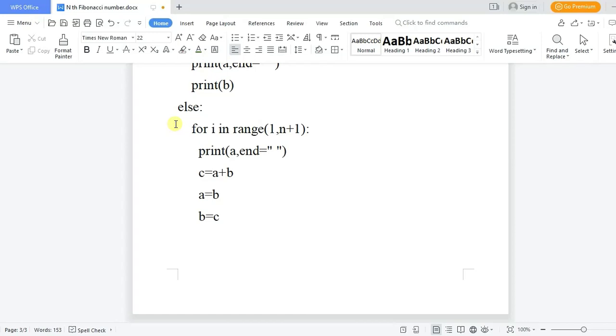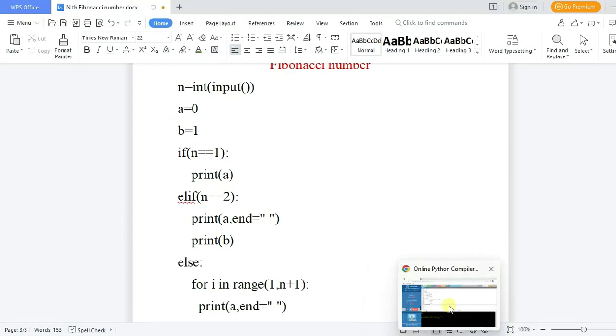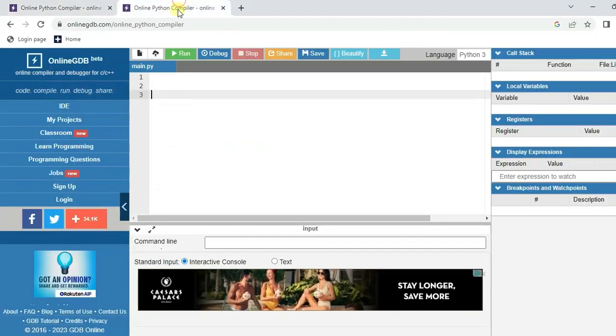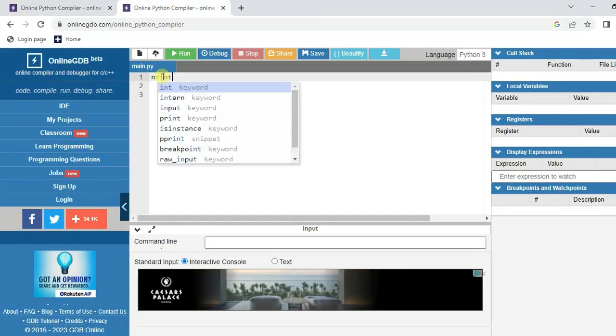If you want, I will execute here how to print a Fibonacci number series. Let me execute that. Okay, up to which number we need to take, we will take as input.